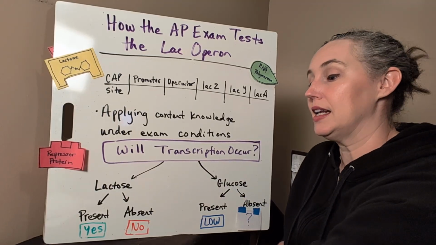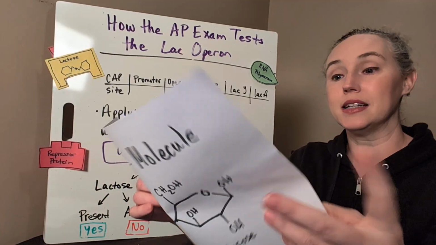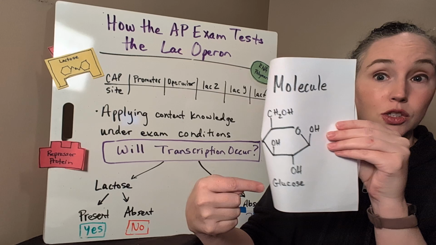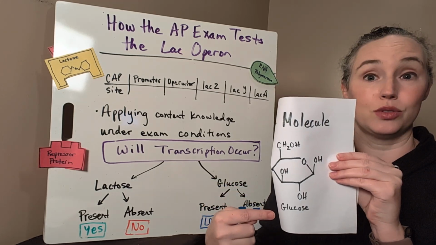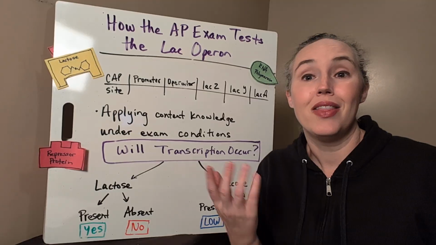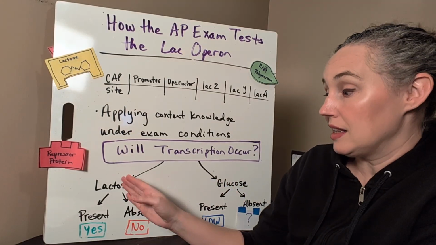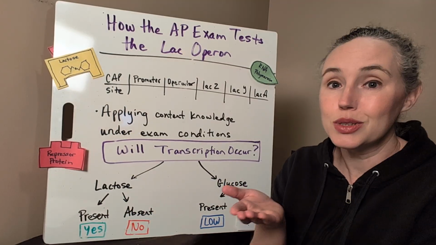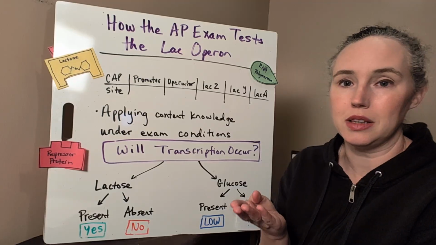Glucose's role, again, is the gas in the gas tank. That's what the bacteria want to use for energy. If glucose is already present and lactose is also present, transcription will occur, it'll just be low.